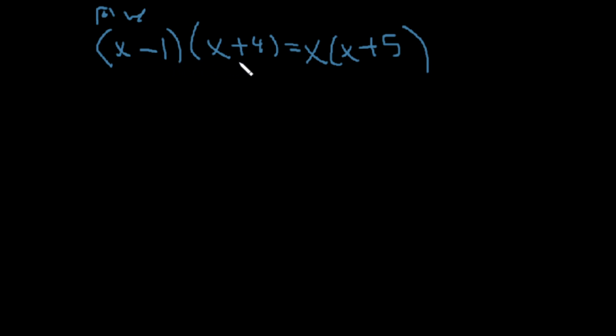Either x minus 1 was the common factor, or x plus 4 was. I'm just gonna do x minus 1. So x minus 1 was a common factor, so it would have been like x plus 4 minus x plus 4.